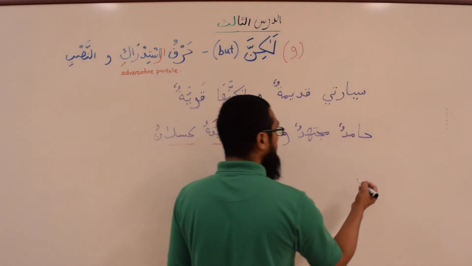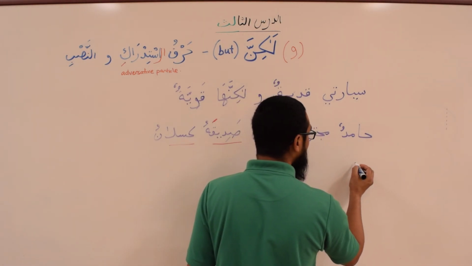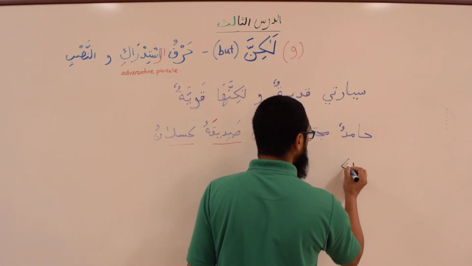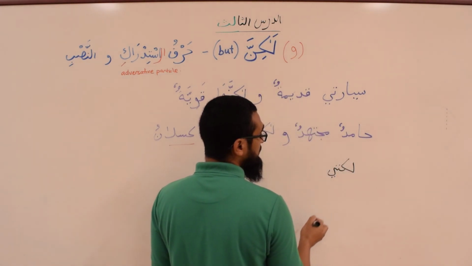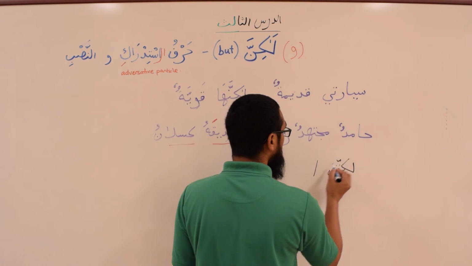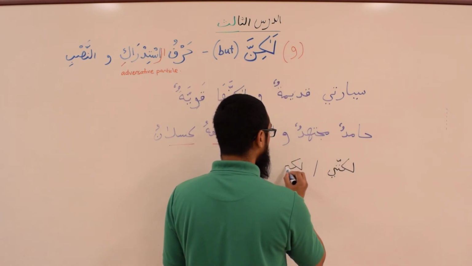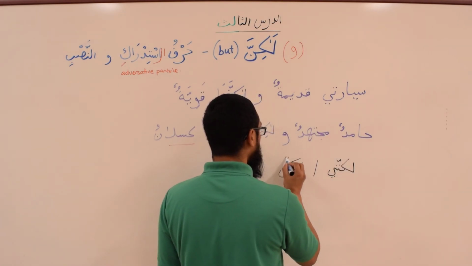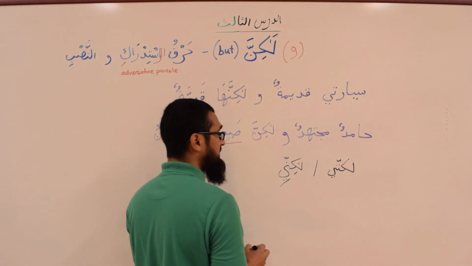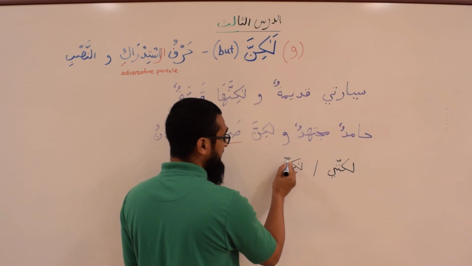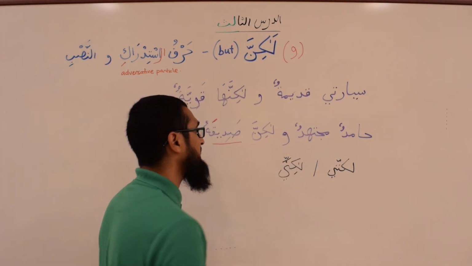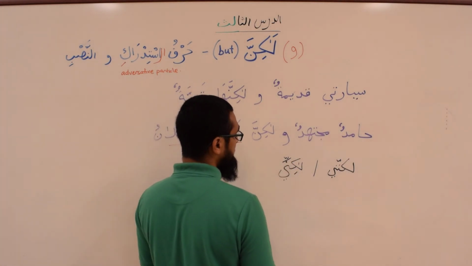Okay, so lakinna plus ana is lakinnani with two noons, or it could be lakinni, with a shadda and a kasra here.